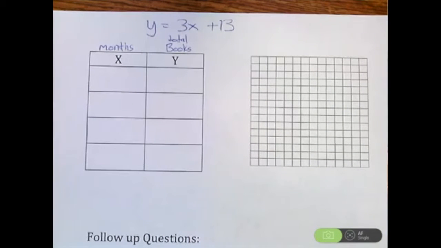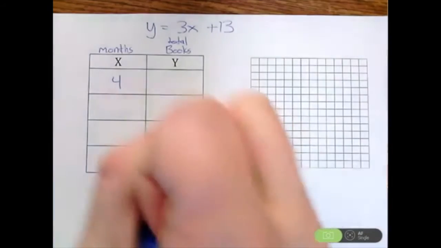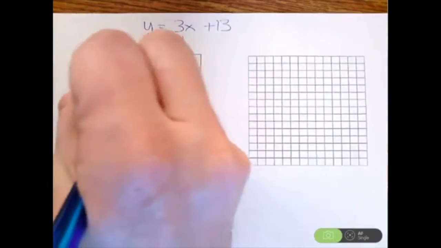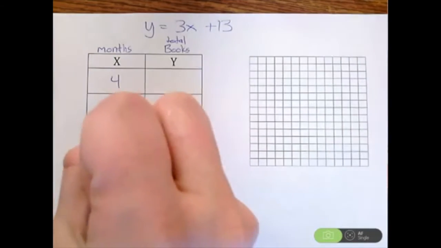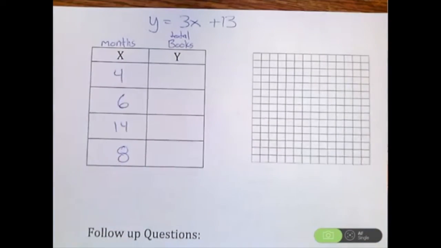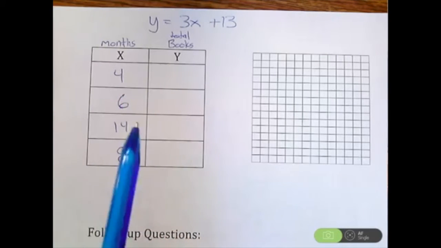So maybe I want to figure out what's happened after, let's do 4 months, maybe 6 months, and we can go even bigger, maybe 14, maybe 8. It doesn't really matter, just a few months that make sense. So 4 months seems reasonable, 6, 14, and 8.